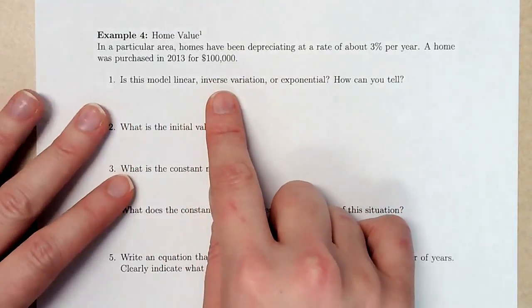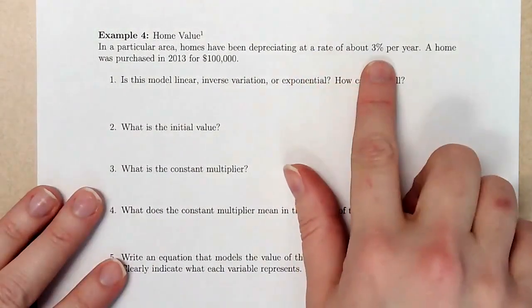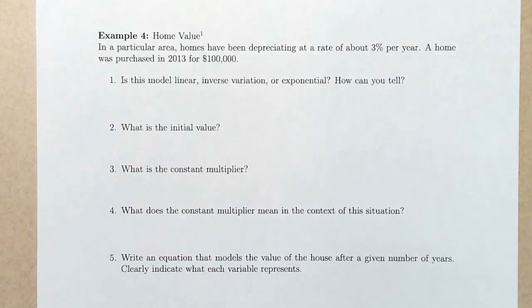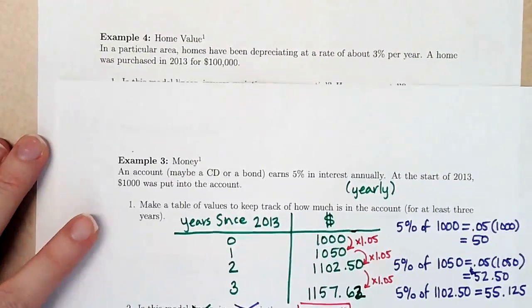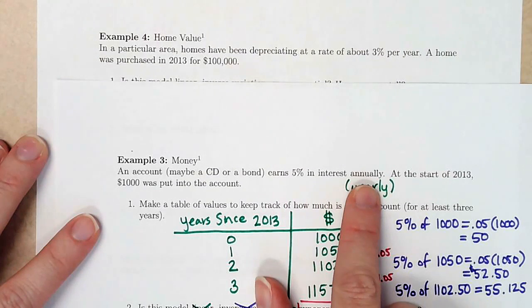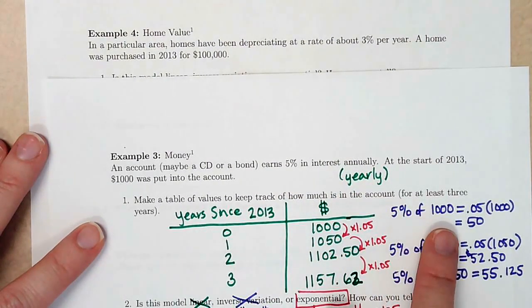Is this linear? Well, I see this rate. No. So if this is anything like this one was earning 5% each year, which means you would take 5% of it and then 5% of that and then 5% of the new amount.